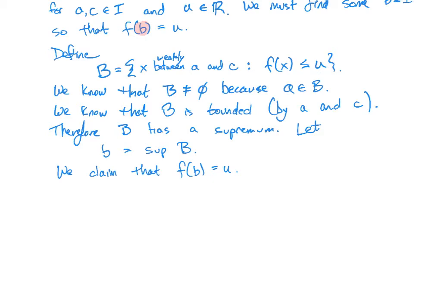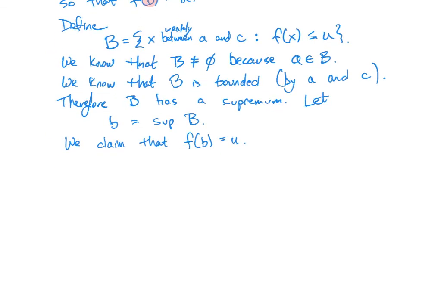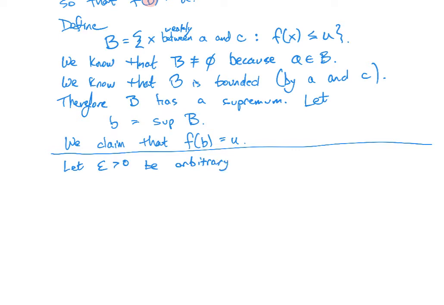Okay? But again, we have to use the epsilon delta definition of continuity. So, to do that, let's just see what happens if we use that definition with an arbitrary epsilon. So let epsilon be arbitrary. Okay. We get to pick epsilon, and we will pick it later. But for right now, just think epsilon is really small. Okay.